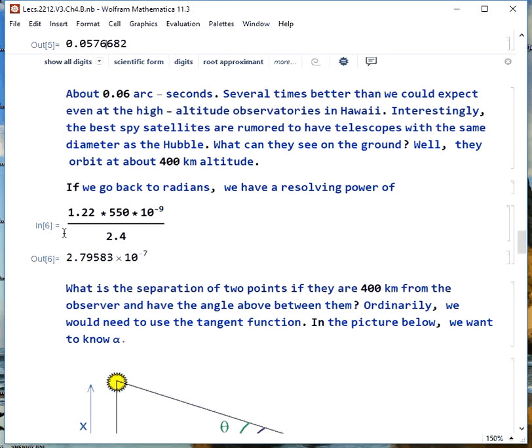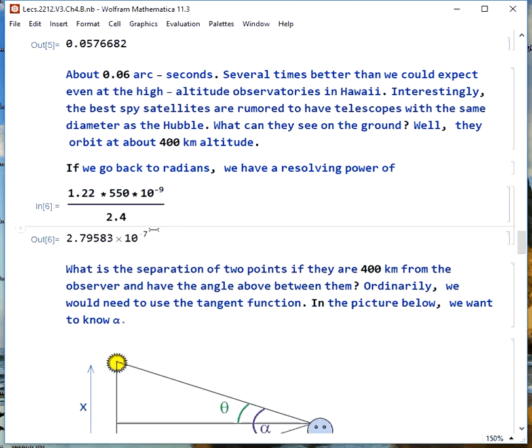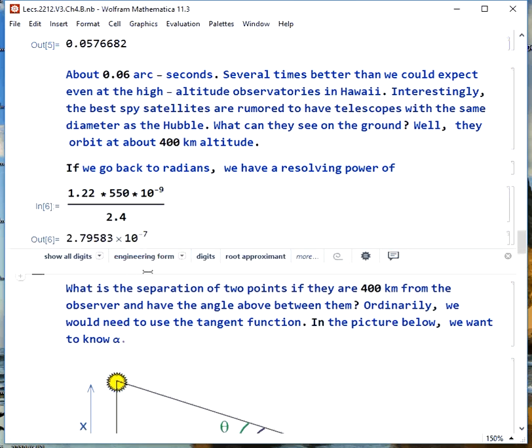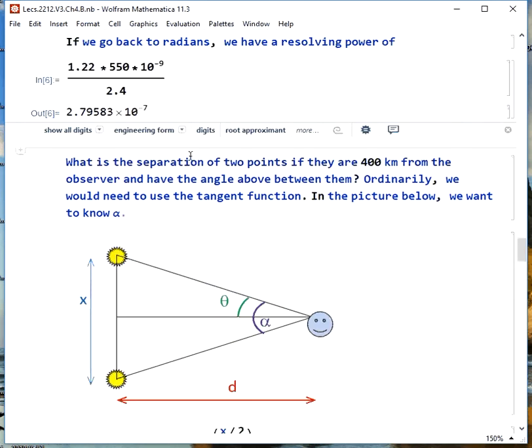If we go back to radians, we can write the Hubble or the spy satellite's resolving power as about 2.8 times 10 to the negative 7, and we can try and figure out what can they see on the ground. Well, we need to know what's the separation of 2 points if they're 400 kilometers from the observer, and they have the angle here, 2.8 times 10 to the negative 7 radians, between them.